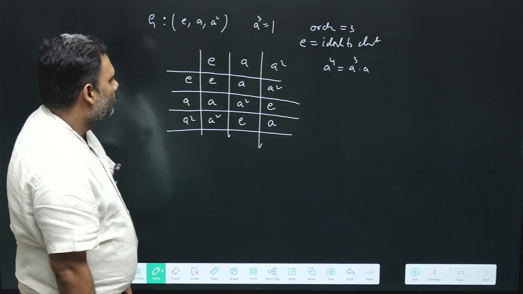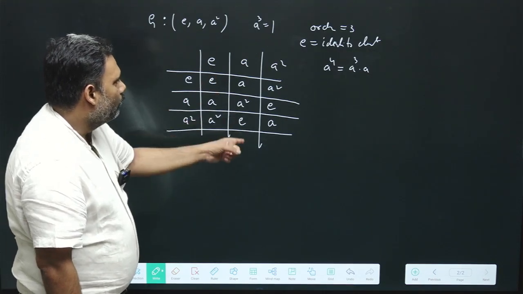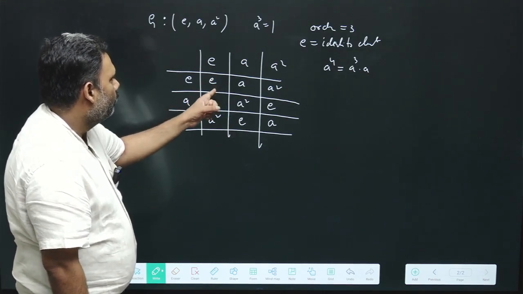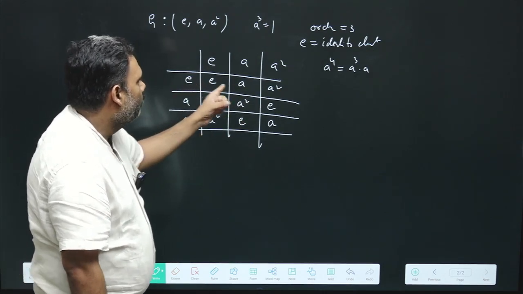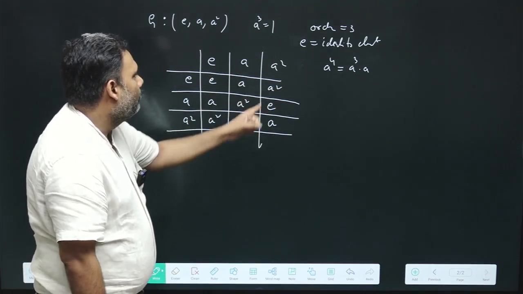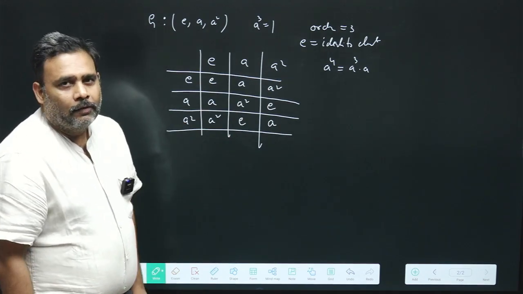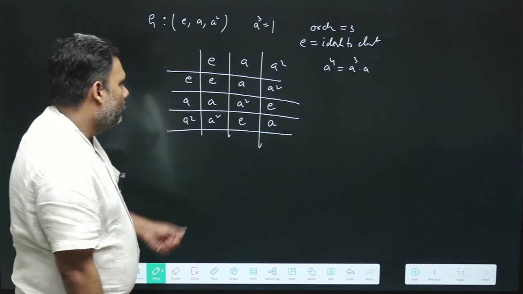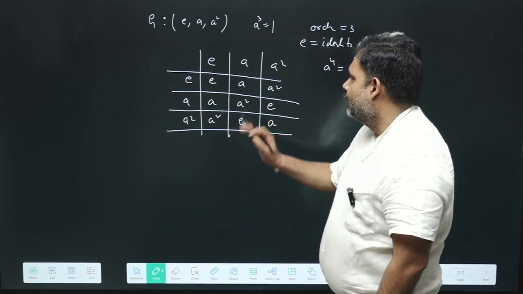And now you can also check what is going to happen in every row. Sorry, this is your row. In every row you have a different element, and in every column you have a different element. You can easily check here. And you have the identity element in each and every row as well as every column.